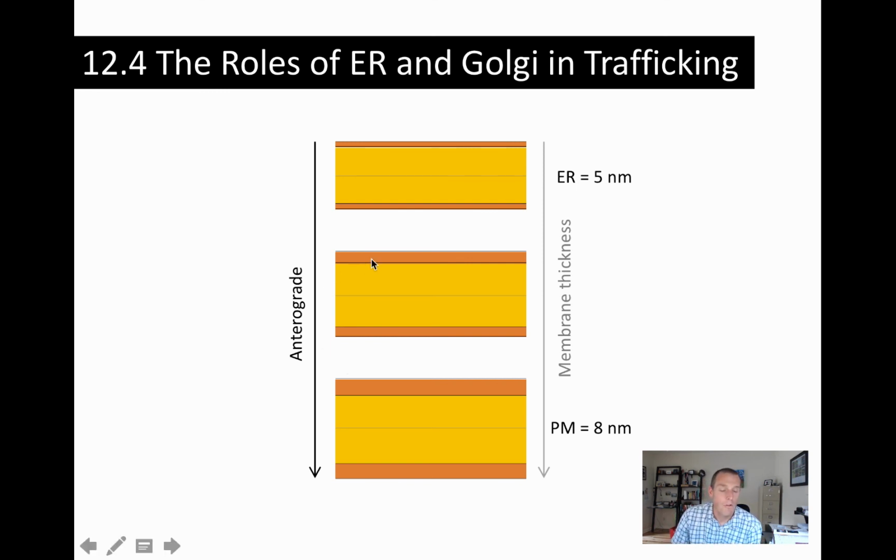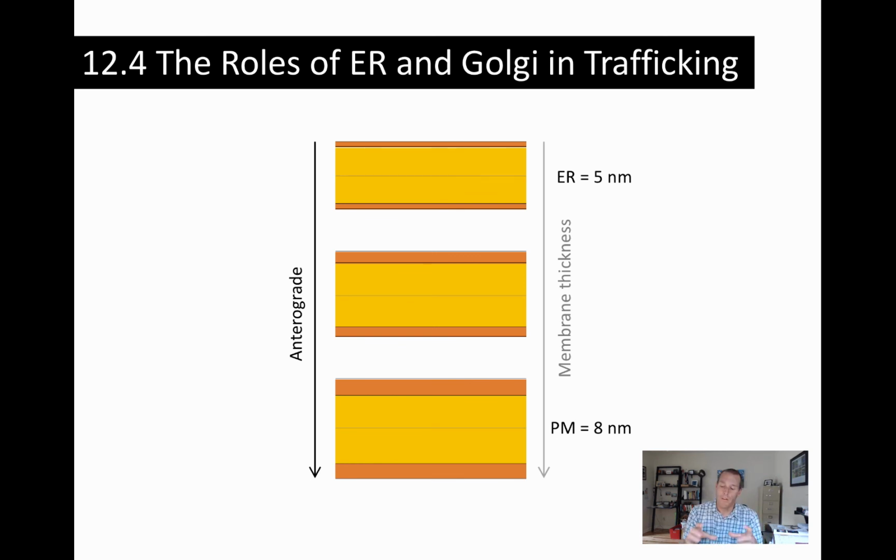Proteins can move through the Golgi through the different cisternal stacks, and they'll only be accommodated as long as their hydrophobic transmembrane domain matches the width of the membrane. Once you get beyond that thickness, that blocks further migration through the cisternal stacks.